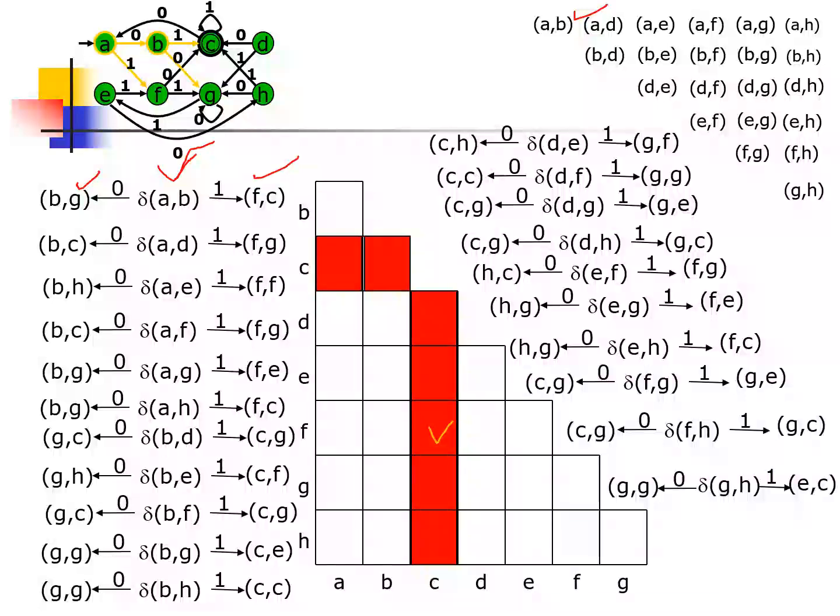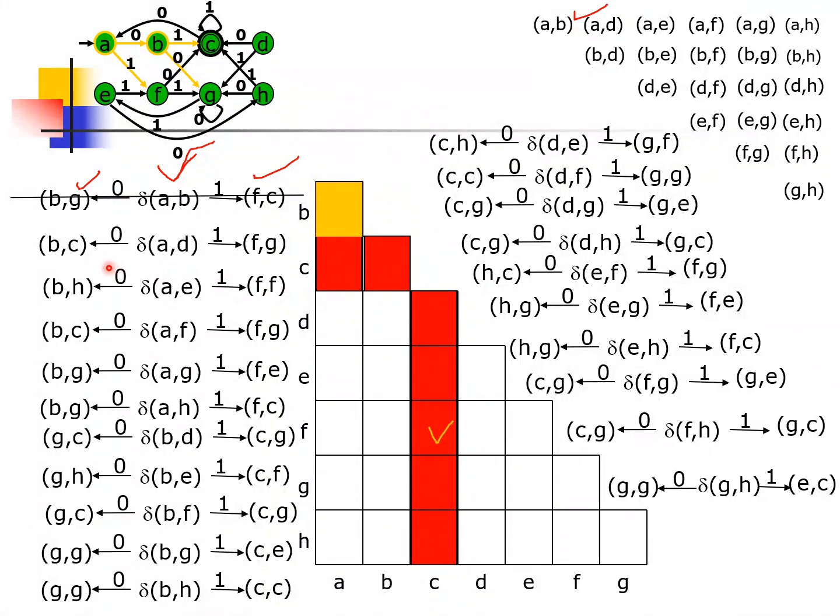Then you have to mark AB. If any one of the obtained pairs of states is already marked by red color, then you have to mark AB. So you have to underline it and mark it with another color, yellow. I use the yellow color, which indicates that you have to use a different color. It's easy for you to mark the entries in the table.